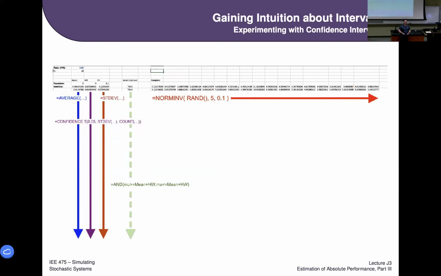Now, how did I generate normal data from Excel? I used the inverse transform method that we learned before the midterm. In Excel there is NORM.INV, which is the quantile function for a normal distribution. It's the inverse CDF for a normal distribution. You can say, I want the inverse CDF for the normal distribution that has a mean of 5, and I think a variance of 0.1.